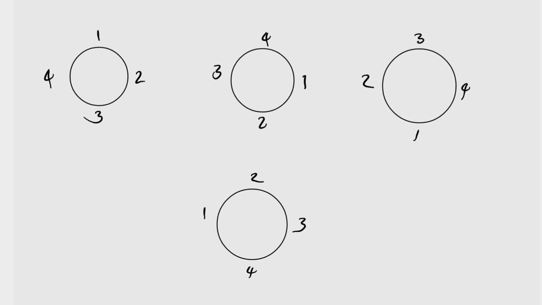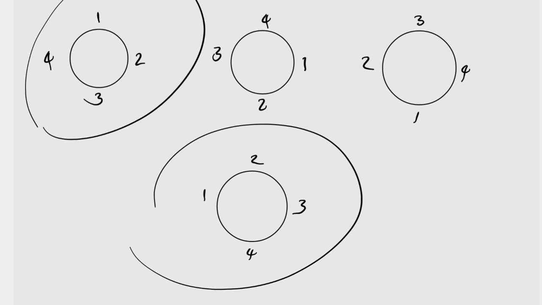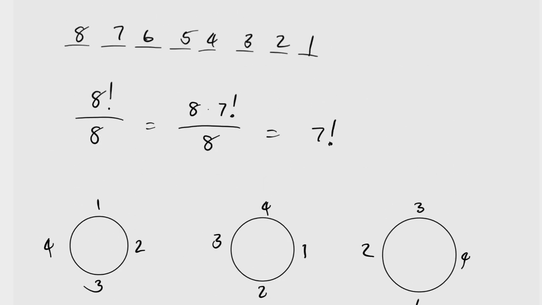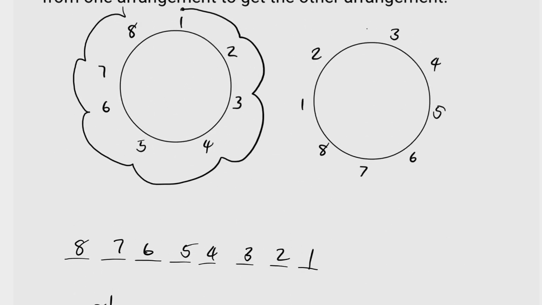So what you should see, the pattern here, is that there are four arrangements which are considered the same. The reason it's 4 is because that's the number of people seated at the table. And so in our case, there would be 8, right?